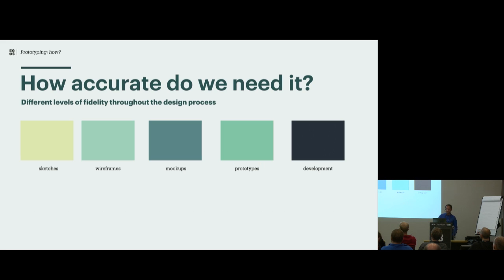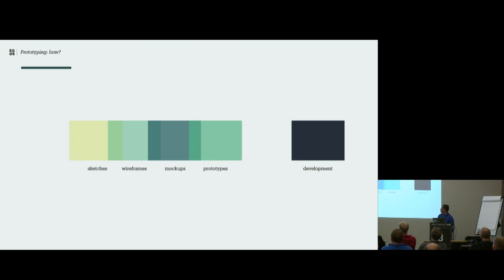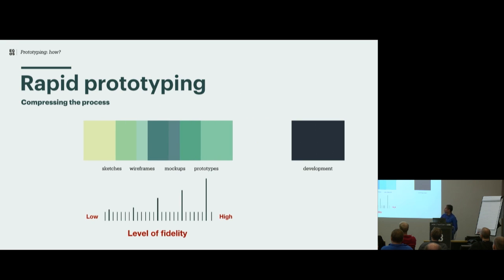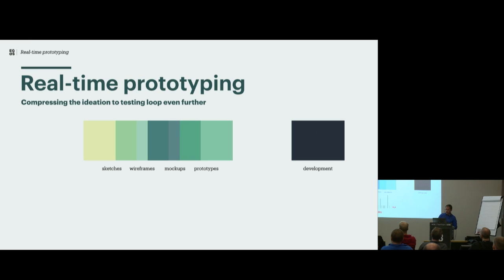How accurate do you need it? Well, with rapid prototyping, we're starting to compress the process, and trying to achieve a higher level of fidelity faster, short of actually developing the damn thing.